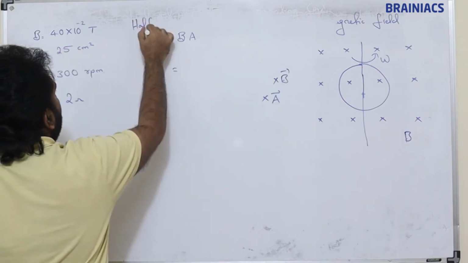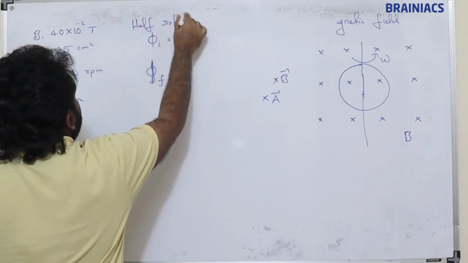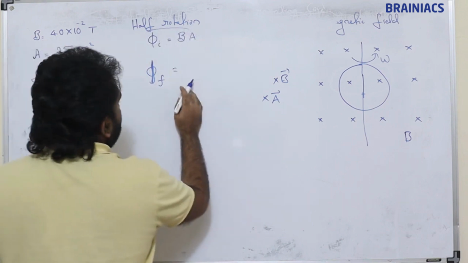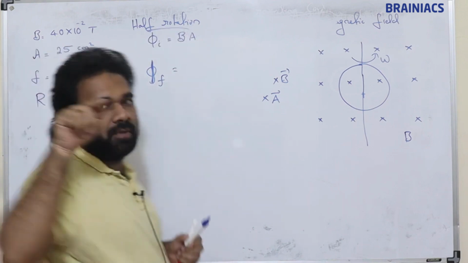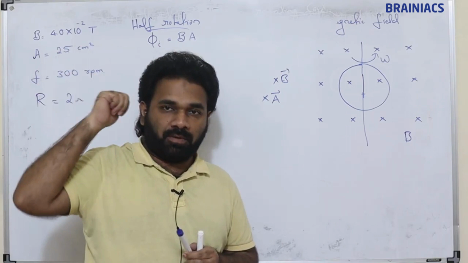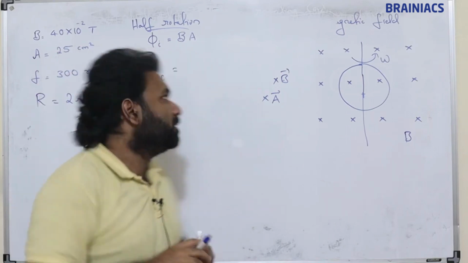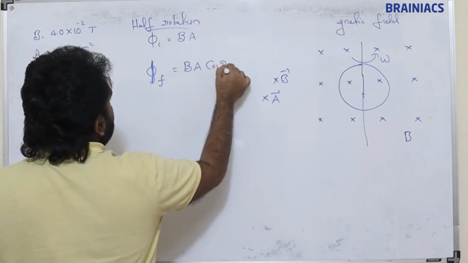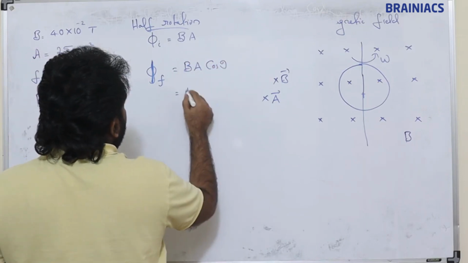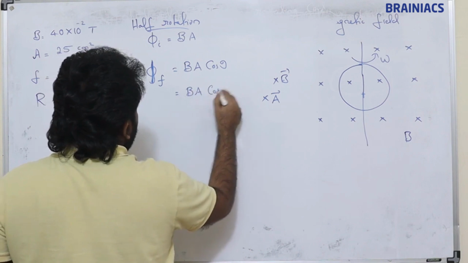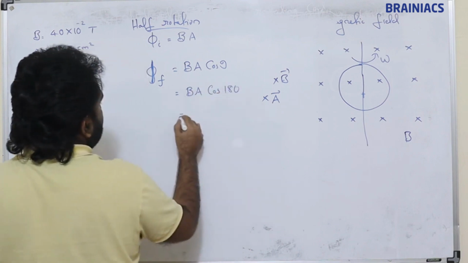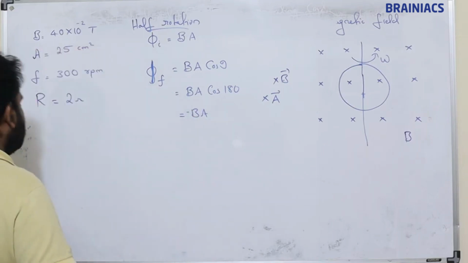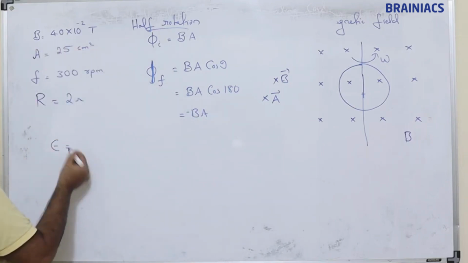If it does half rotation, then the area vector will come to this side, while the magnetic field vector remains in that direction. So this is BA cos theta, BA cos 180, so we will be getting minus BA.